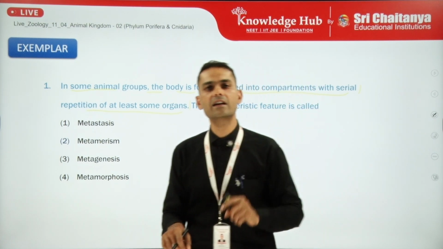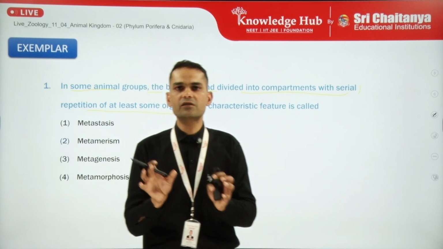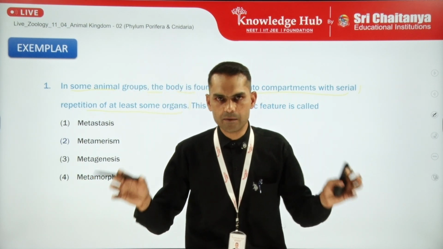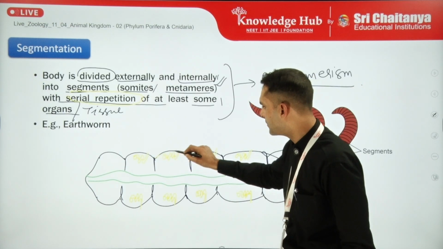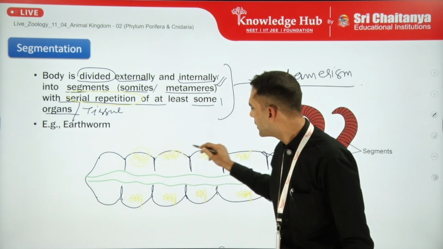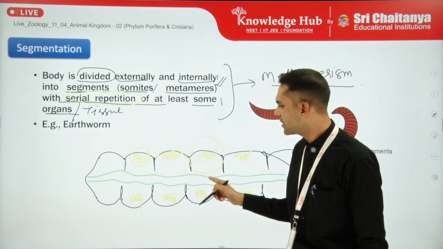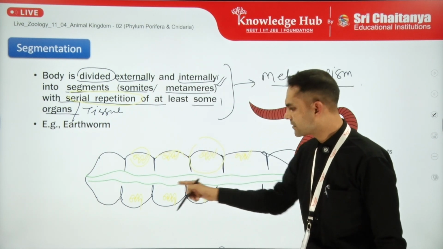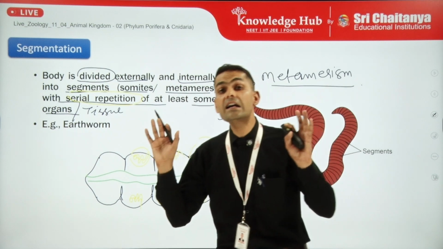And the other second important condition is that the adjacent segment must be in coordination with the neighboring segment. For example, this segment must be in coordination with its adjacent or neighboring segment. Likewise, this segment must have coordination with its adjacent or neighboring segments. Each of the segments is not behaving independently.